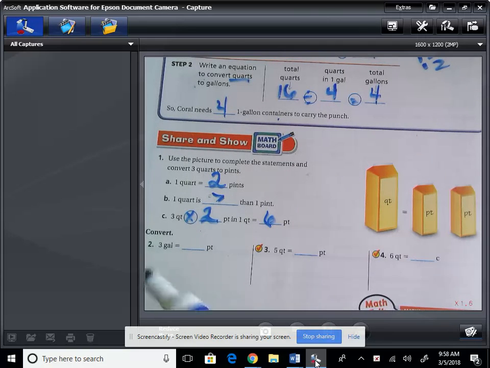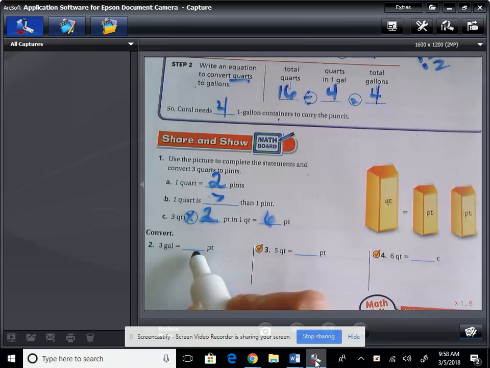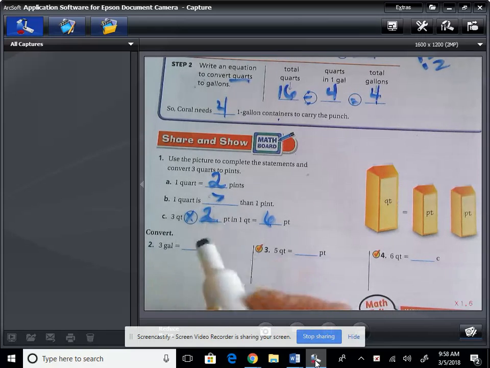So 3 gallons is equal to how many pints? Well, we got quite a few steps to do here. First, we need to find out how many quarts are in 3 gallons, and then how many pints are in a quart, is one way we could do it. So we know 2 pints is equal to 1 quart.